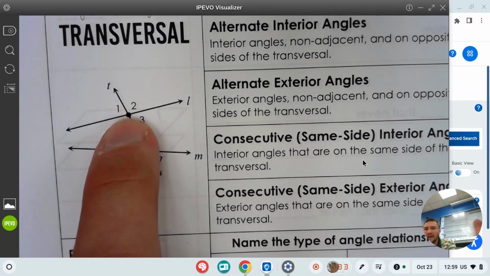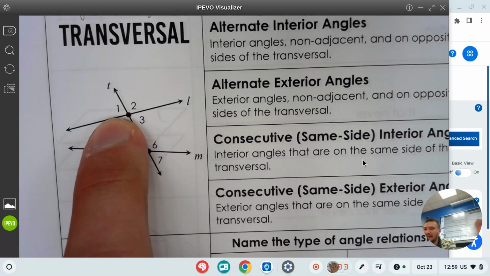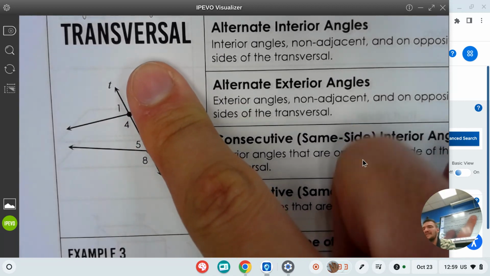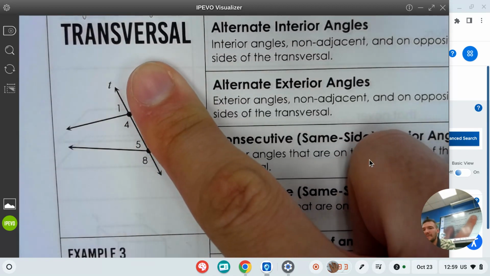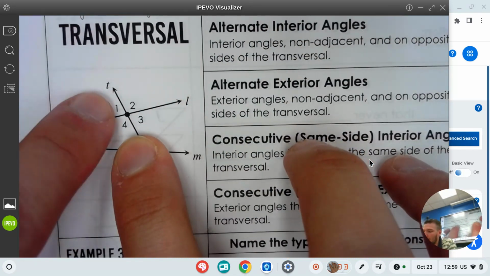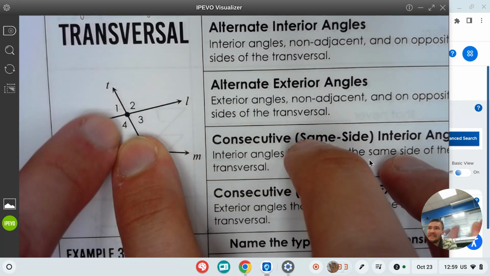If 1 is relating to 3, what is that called? Those are called vertical angles. And if 1 is relating to 4, those are adjacent angles, supplementary angles.